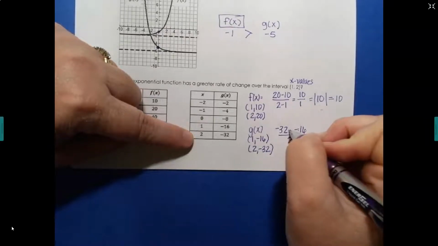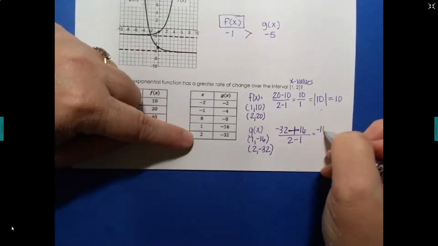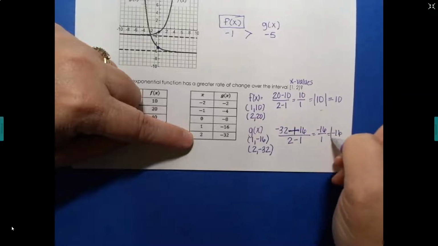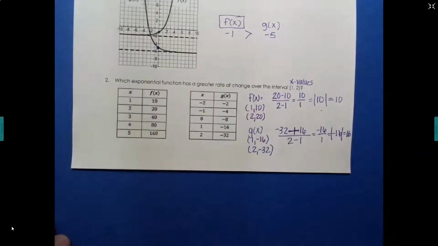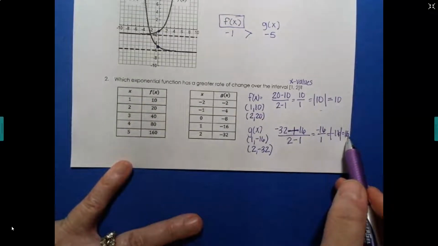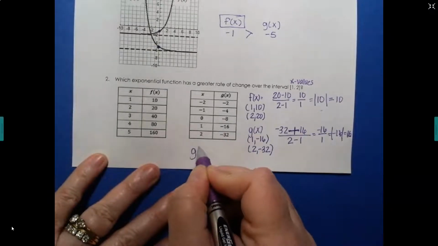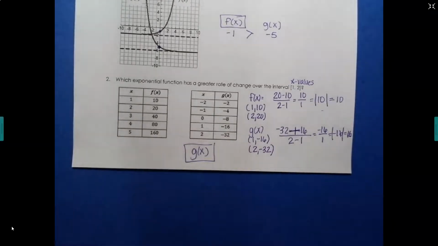Remember, if you have a minus minus, that's going to turn into a plus. So you get negative 16 over 1, which is negative 16, and the absolute value of that is 16. Now, which one of those is the greater rate of change? 16 is a bigger number in the comparison. So g of x has the greater rate of change, given those two exponential functions.